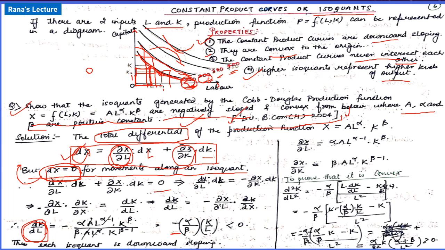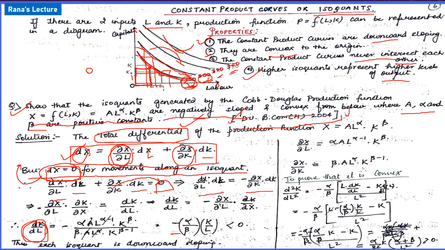See, we have put this here, our objective is to find dk by dl. So we will simplify this now. Delta x by delta L into dl plus delta x by delta k into dk is equal to 0. Now you take this term to this side, so it becomes negative, as you can see here, right?